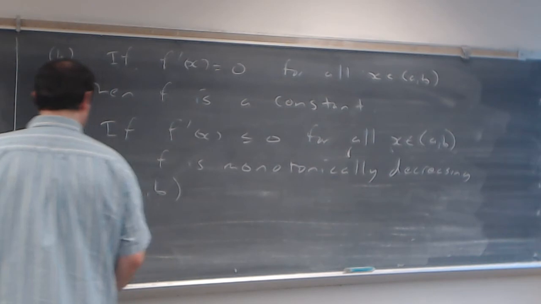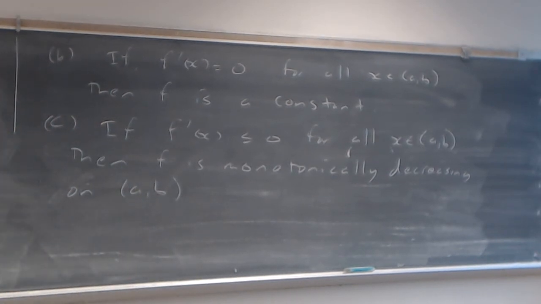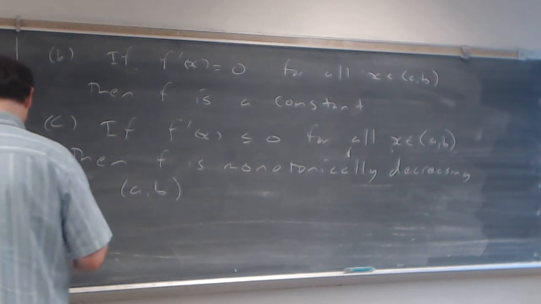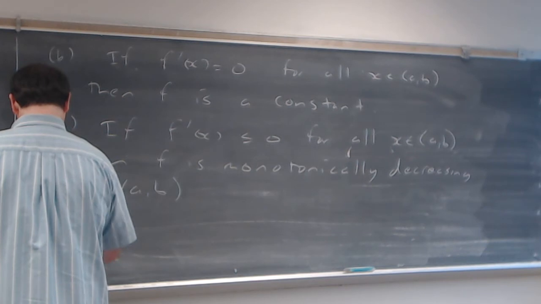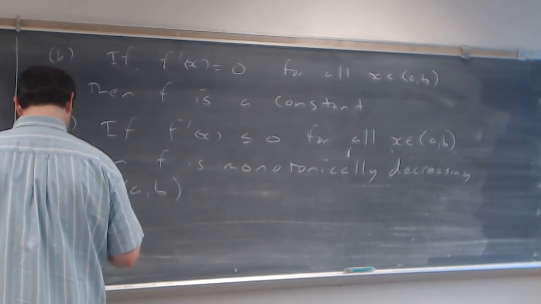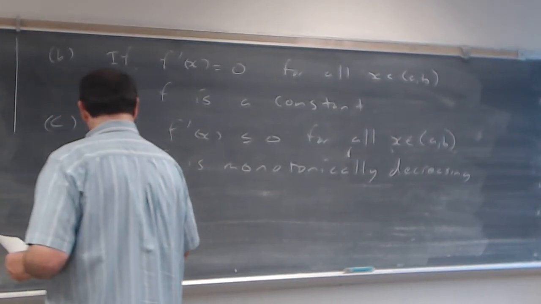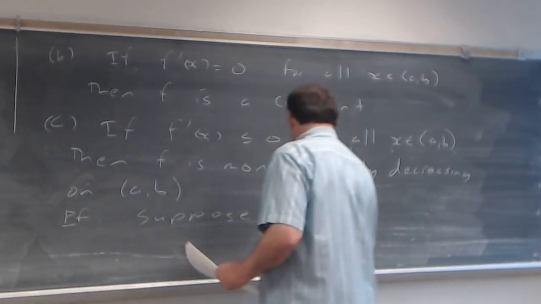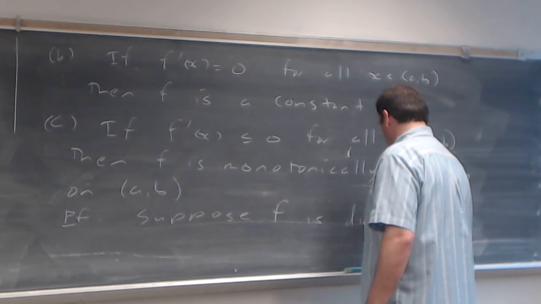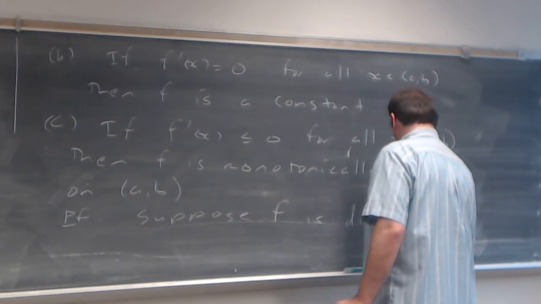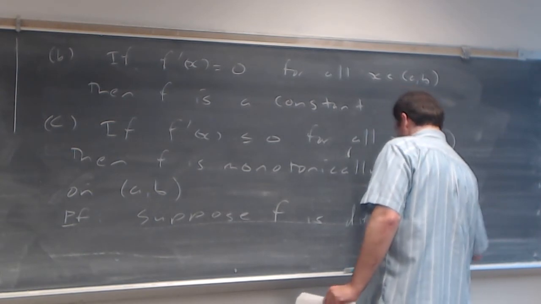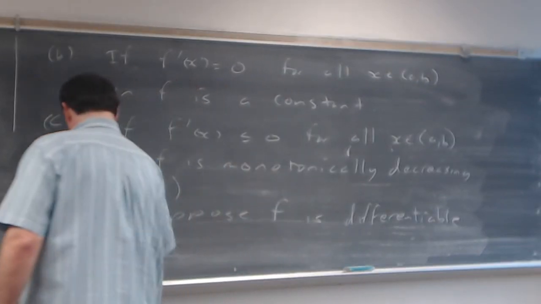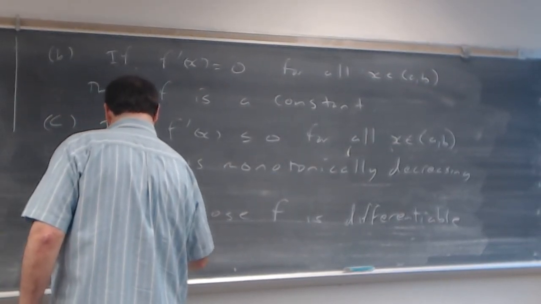We're going to prove parts A and B, and part C I'm going to leave for you to prove, and it'll be like part A. Okay, so here's the proof. In general, we're going to suppose f is differentiable on the open interval from a to b.